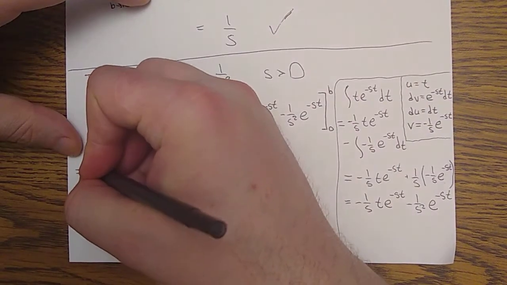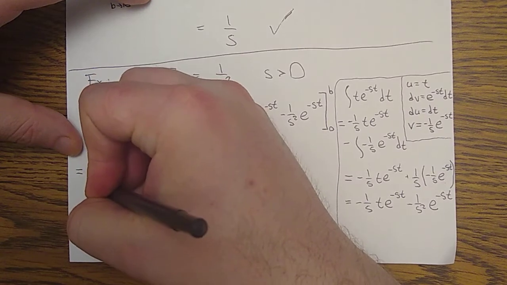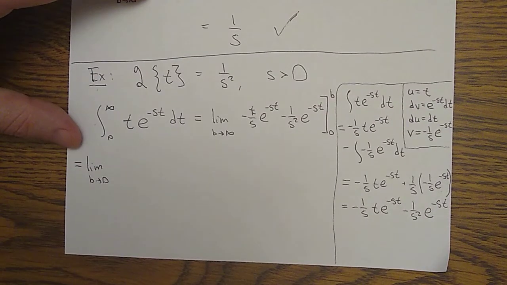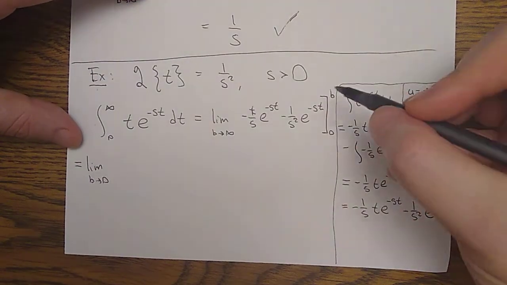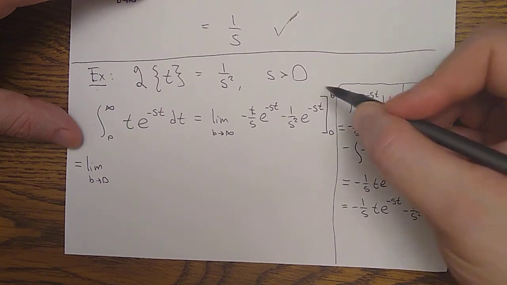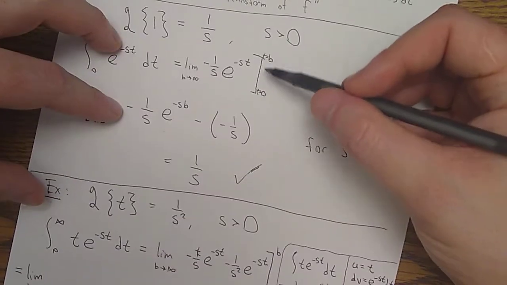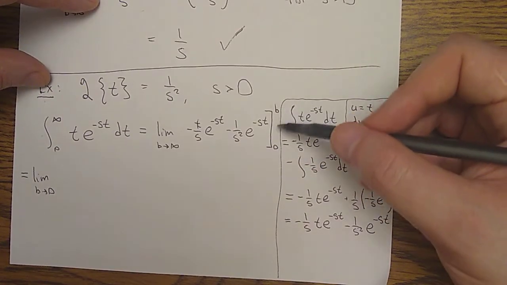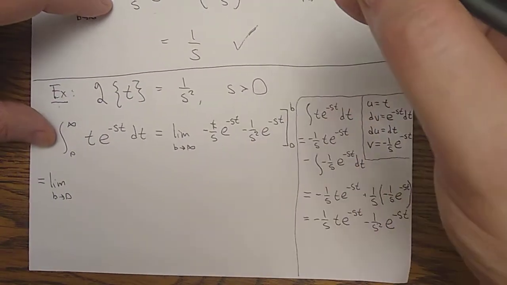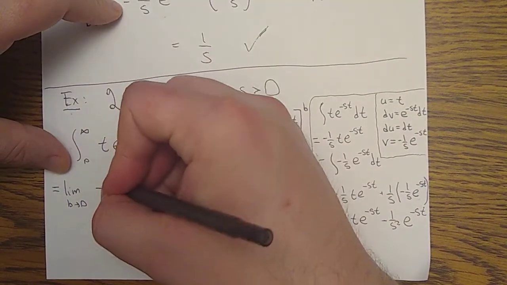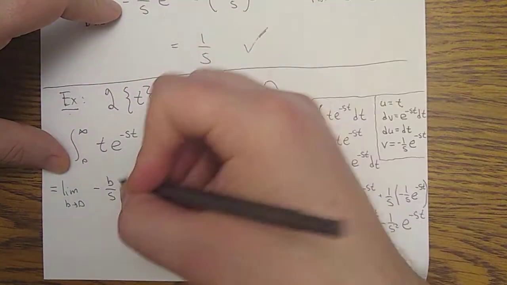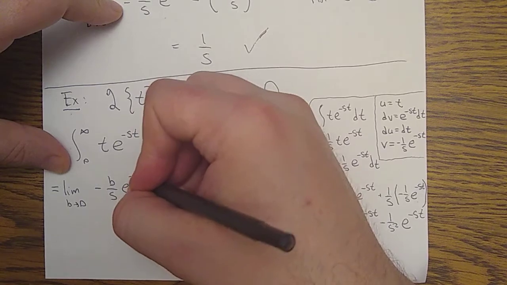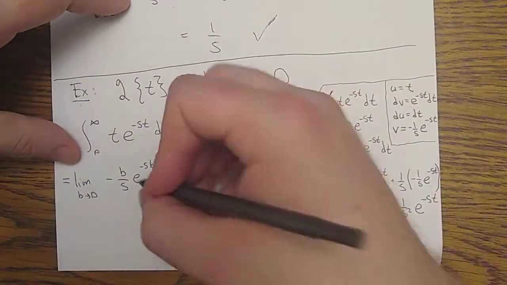So let me just take a step to put that in. The limit as b goes to infinity of, so once again, b goes in for t. I didn't emphasize it the way I did last time, but these numbers go in for t. So it's like that.